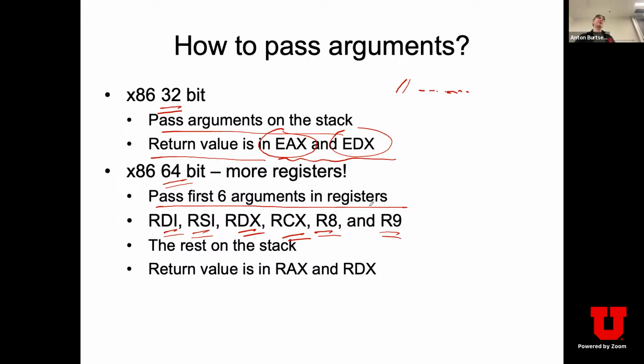And for the rest, if you suddenly invoke a function which has like 7 arguments, right? Then the 7th argument you will have to push on the stack. And similarly, you return values inside RAX and RDX, right? So again, that's a convention. It has advantages and disadvantages. So the disadvantage of the stack-based one is that every time you pass an argument, you always have to push something on a stack.